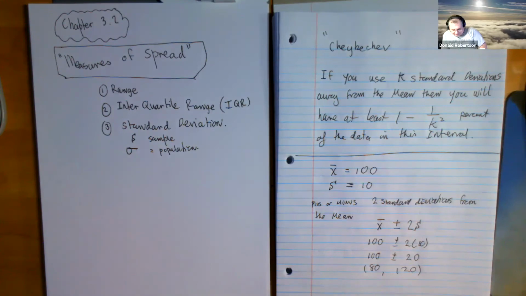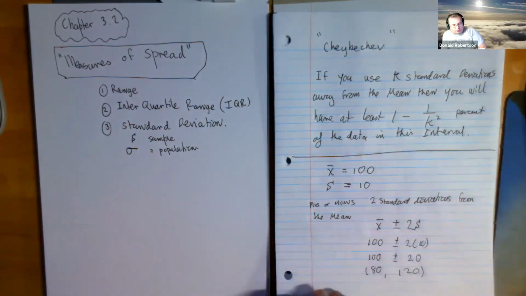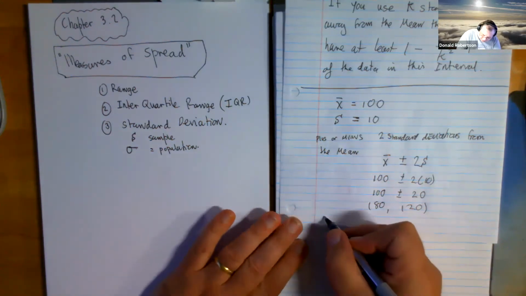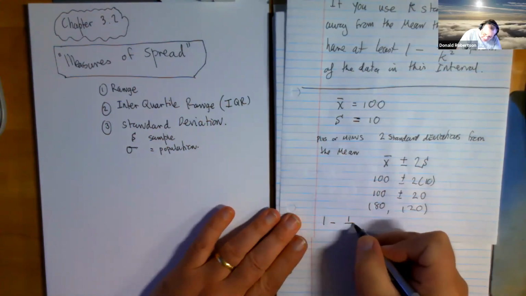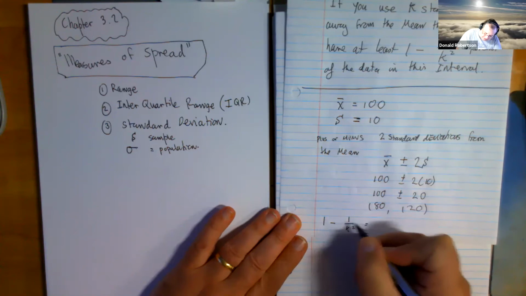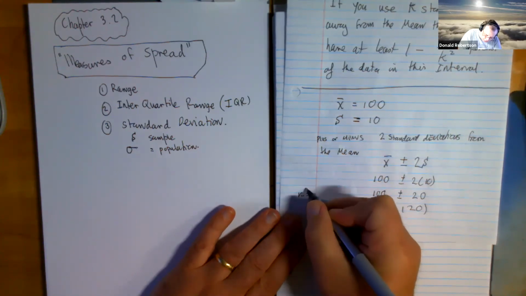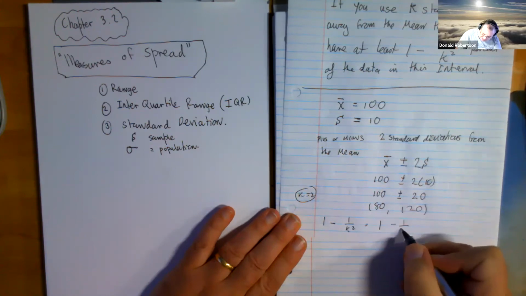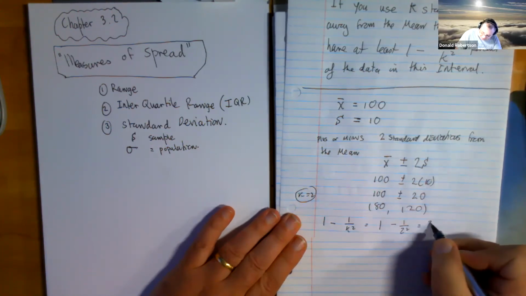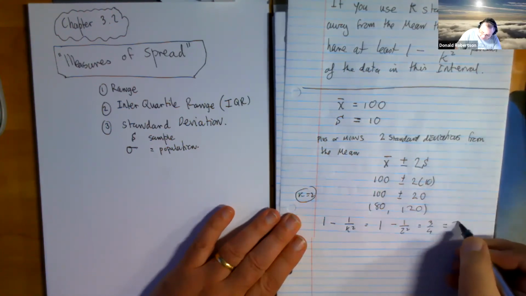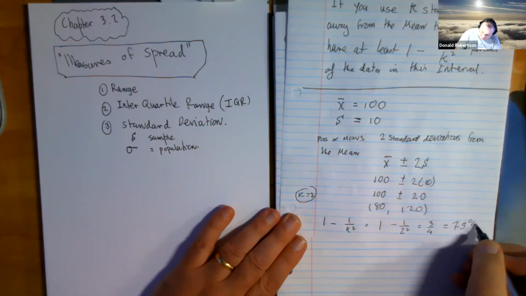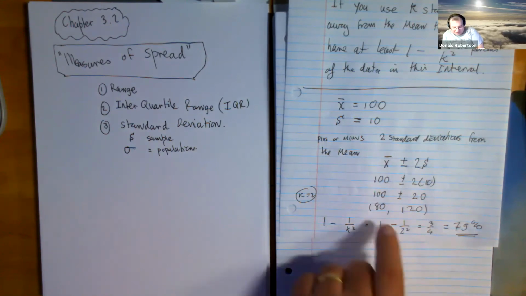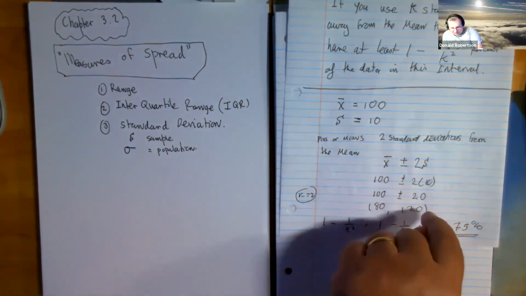So what percentage of Americans have an IQ somewhere between 80 and 120? Well, according to Chebyshev's formula, by the way, K equals 2 in this story, 2 standard deviations. So according to him, 75% of your data will be in the range 80 to 120.